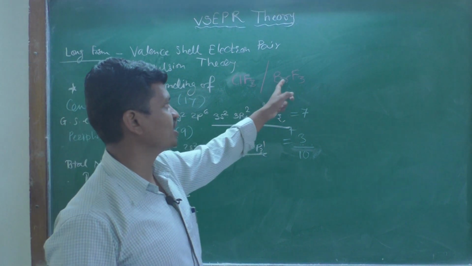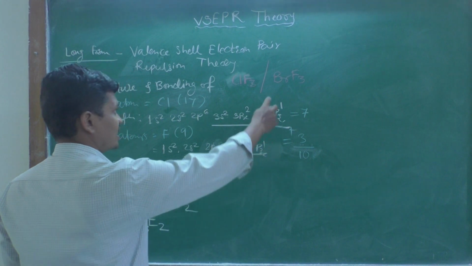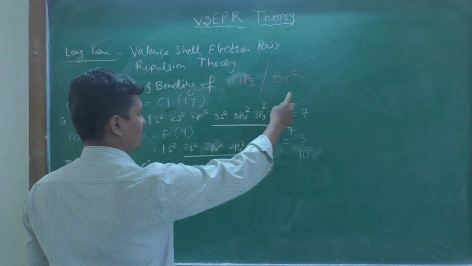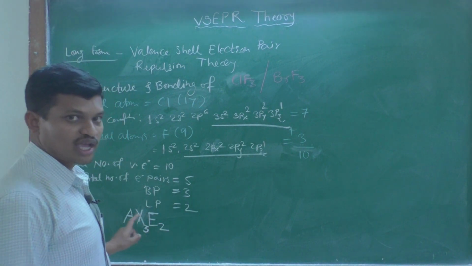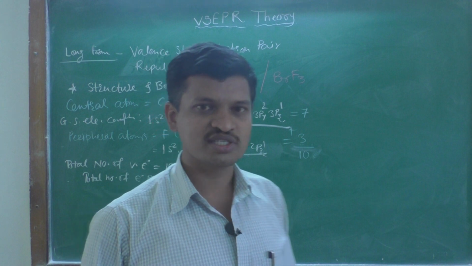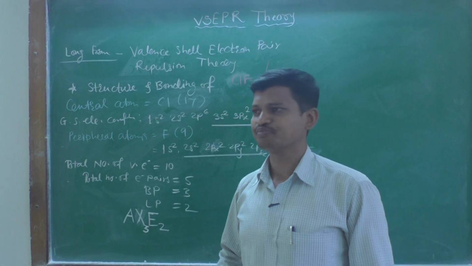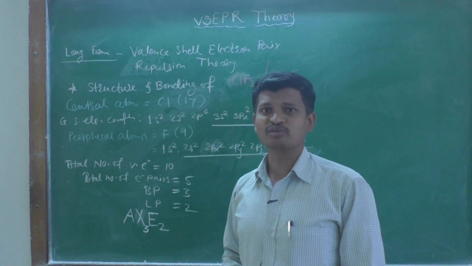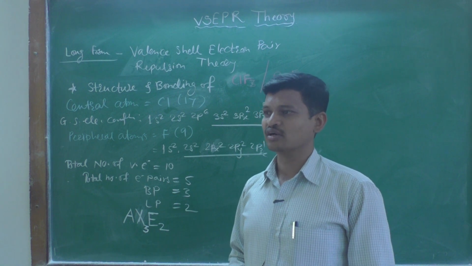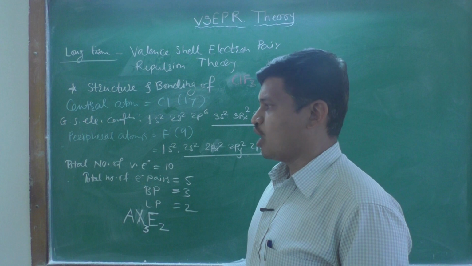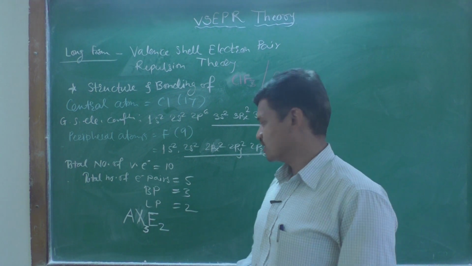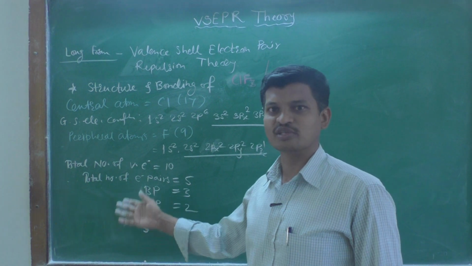Similarly, this can be applied for BrF3. The central atom is only 1, A, bond pairs are 3, X3, and lone pairs are 2, so E2, AX3E2. Such questions can be asked in multiple choice type questions. What will be the shape of the molecule of ClF3, BrF3, what is the bond angle, what is the bond length, how many fluorine atoms are present in axial and equatorial positions, and what is the AXE notation of this ClF3 molecule.